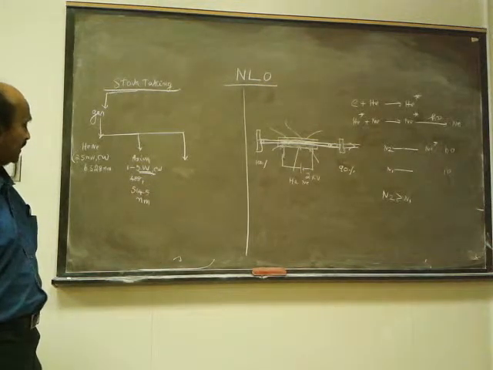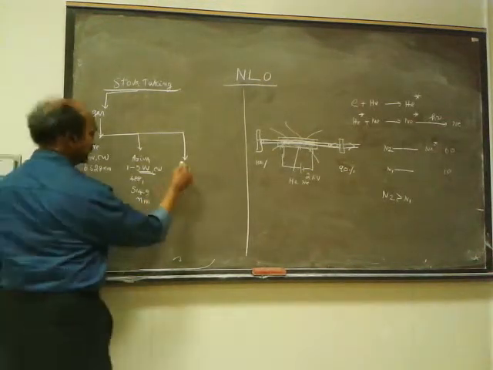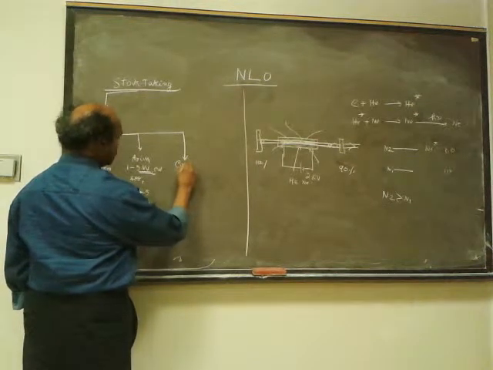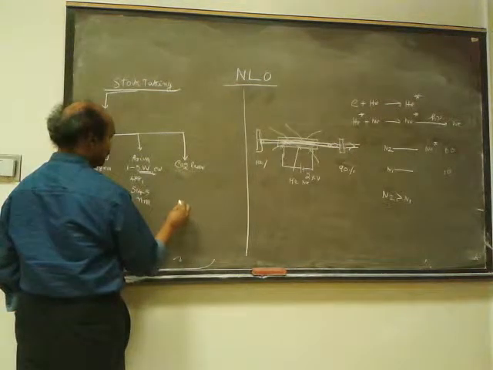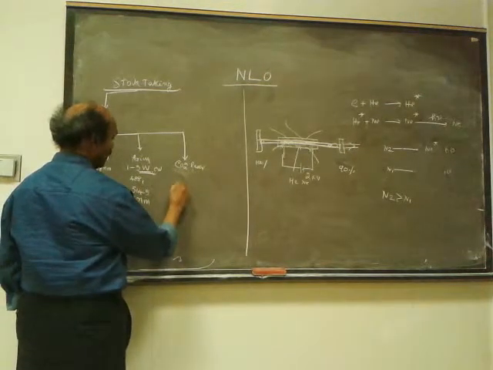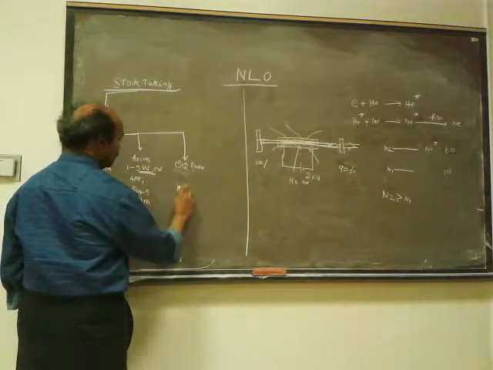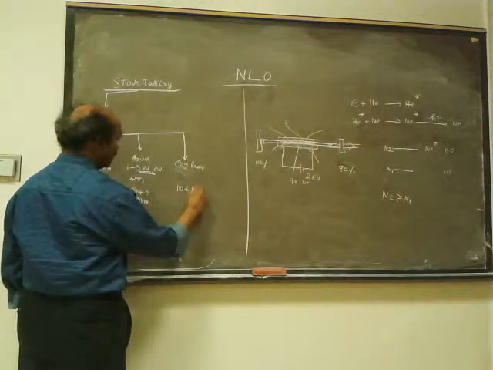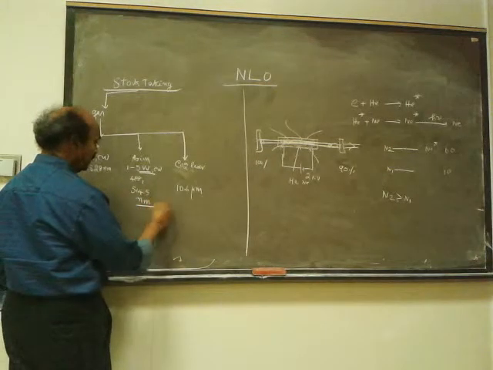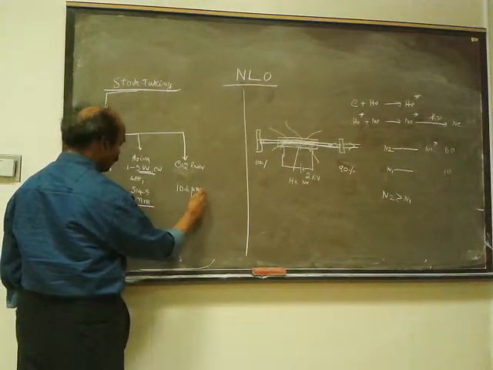Okay, next time. The next important laser is a CO2 laser. This produces laser at 10.6 micrometer. This is in nanometer, this is in 10.6 micrometer.